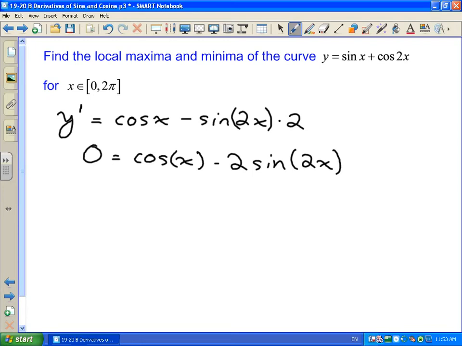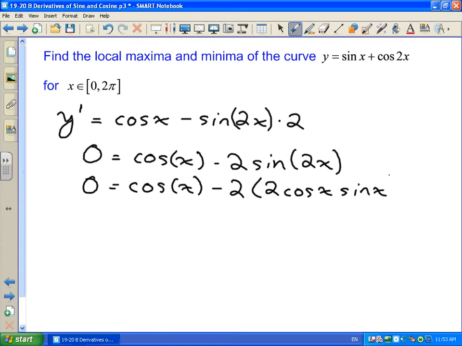So the identity that we're going to apply here looks like this. Sine 2x is 2 cos x sine x. So there's our identity.